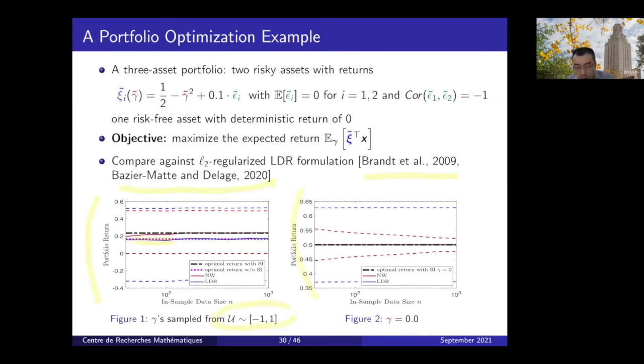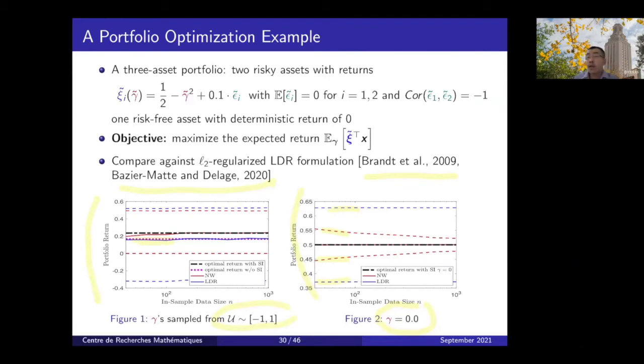On the right figure, we fix gamma to a fixed value 0, and then plot the out of sample returns for different sizes of training data sets. Here we see from the two striped lines in red and blue, which record the 10th and 90th percentile returns for the Nadaraya-Watson and linear decision rule methods, that our scheme generates significantly lower variability compared to the linear decision rule approach.